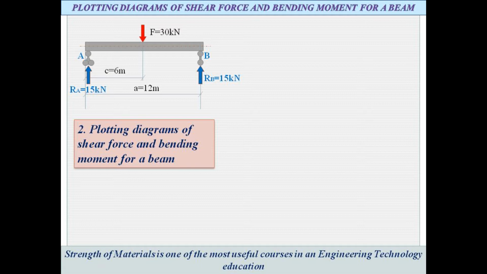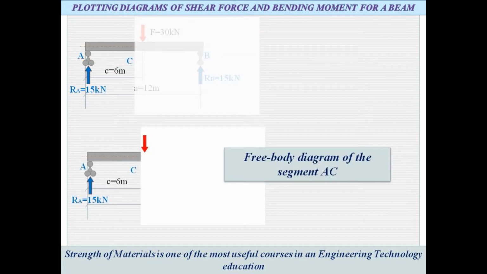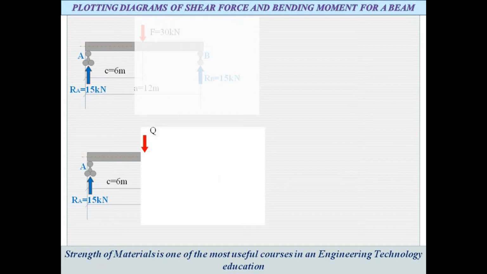Next step is plotting diagrams of shear force and bending moment for a beam. Let's find out what the shear force and bending moment are. Cut the beam to the left of the point load and draw a free body diagram of the beam segment. In a free body diagram, forces must balance.